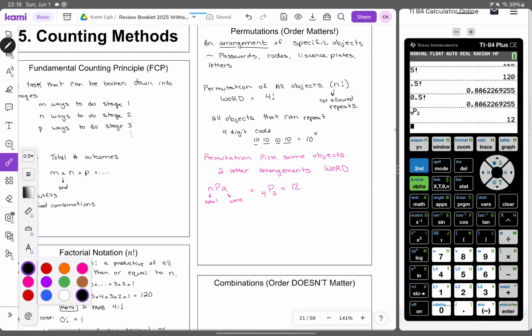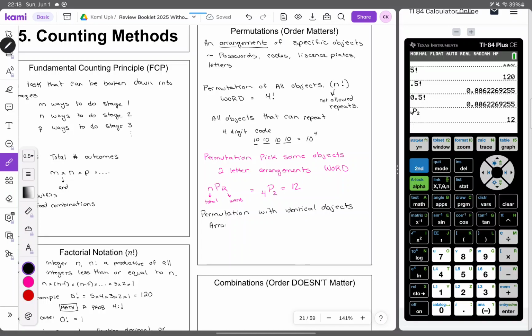The last case is I could have permutation with identical objects. So maybe I'm arranging all the letters in the word "tattoo." You can see in the word tattoo, I have repeated letters.